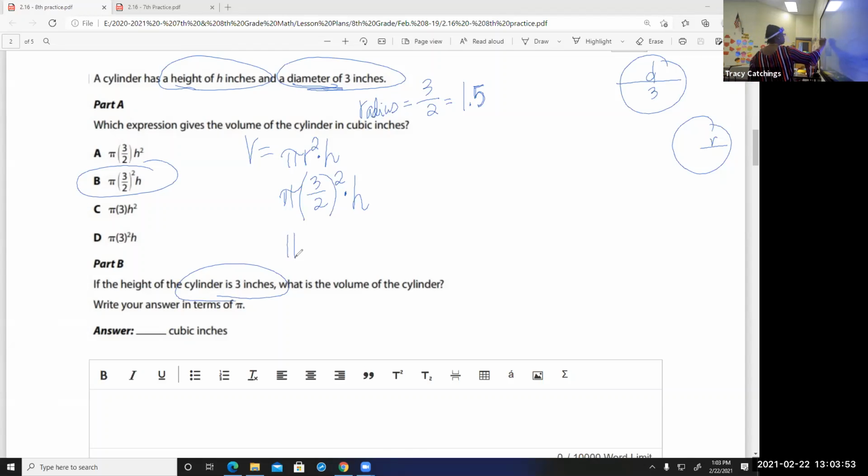So now just substitute that into the equation. I need Riley Thompson and Kylie Powell to car rider. Thank you. 2.25. So that was 1.5 squared. All right, 2.25, and then multiply that by 3.